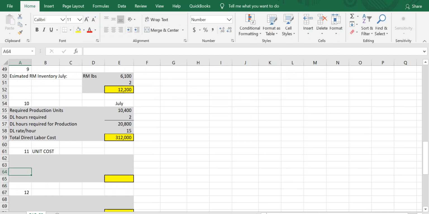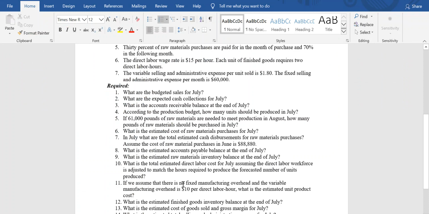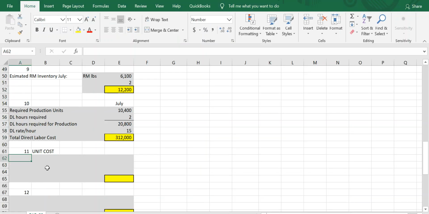All right. Number 11 asks us, if we assume there is no fixed manufacturing overhead and the variable manufacturing overhead is $10 per direct labor hour, what is the estimated unit product cost? So when we look at this, we're going to start with direct material, which is raw material.